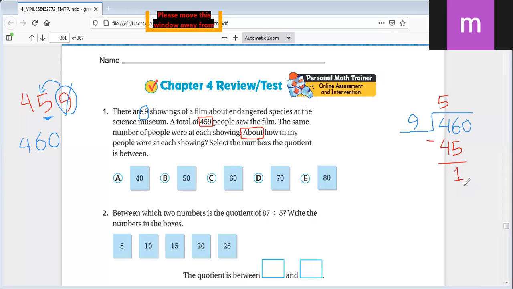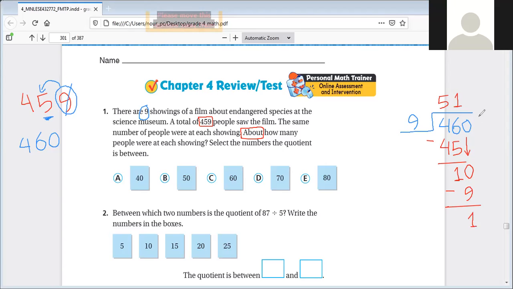Then drop the next digit, which is 0. Now it's 10 divided by 9 is 1, because there is one 9 in 10. 1 times 9 is 9. Subtract it, it's 1. So remainder 1. So the answer is 51 and remainder 1.